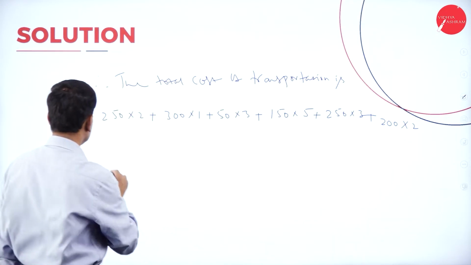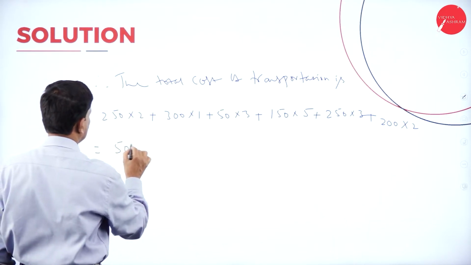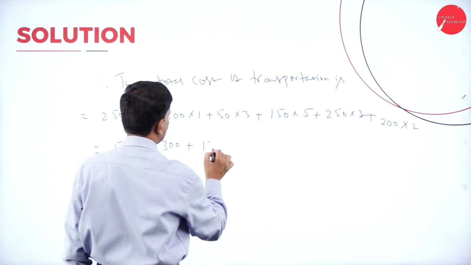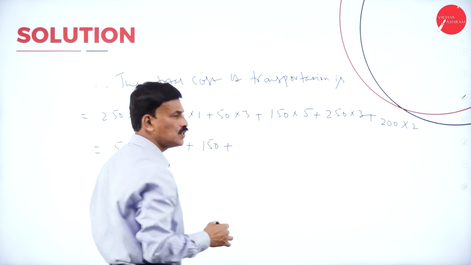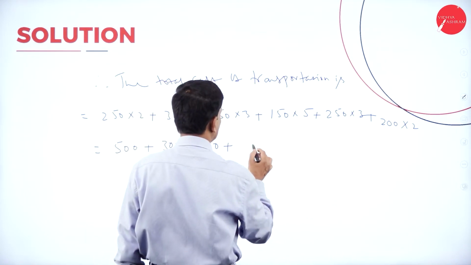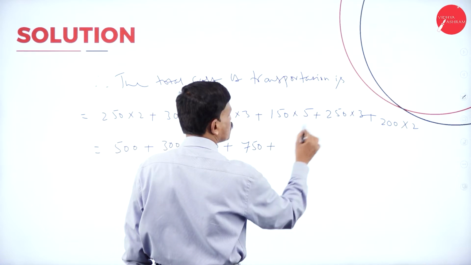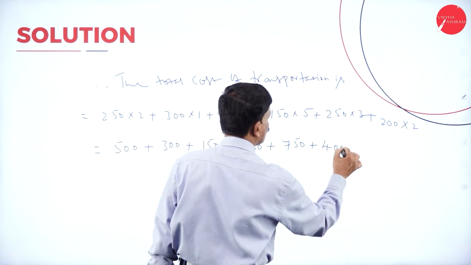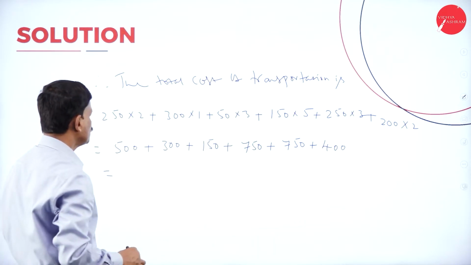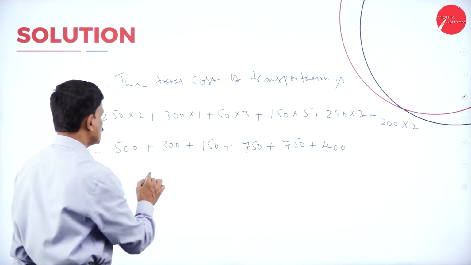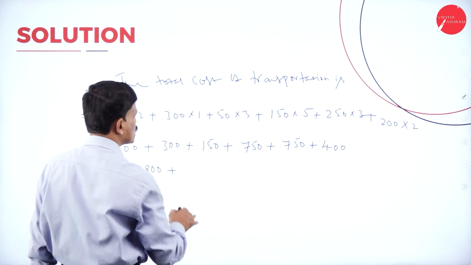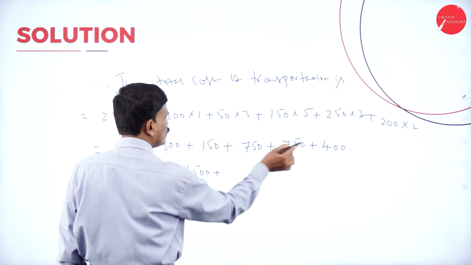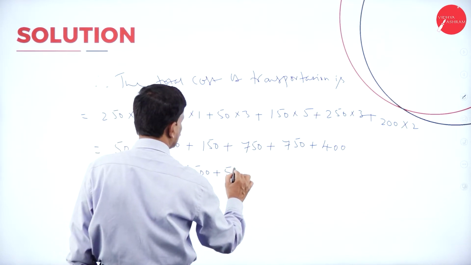Now simplify this. So 250 into 2 is 500, 300 into 1 is 300, 50 into 3 is 150, plus 150 into 5 is 750, plus 250 into 3 is also 750, plus 200 into 2 is 400. Simplify this. 500 plus 300 is 800, plus 750 plus 750 is 1500, plus 150 plus 400 is 550.